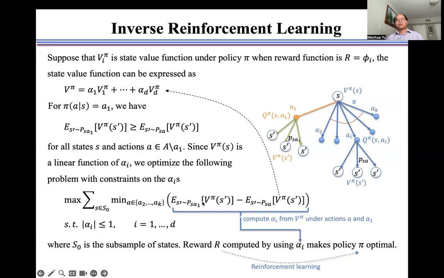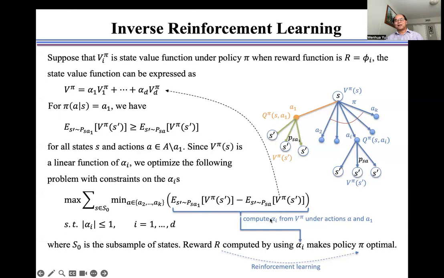The first term corresponds to the optimal action, and the second term corresponds to the action A. Once we find the A that makes this difference minimum, then we make the sum of this difference maximum to find the coefficients alpha.